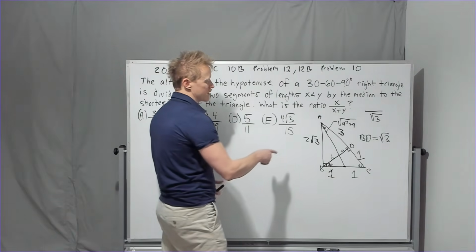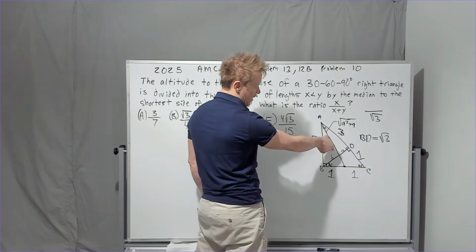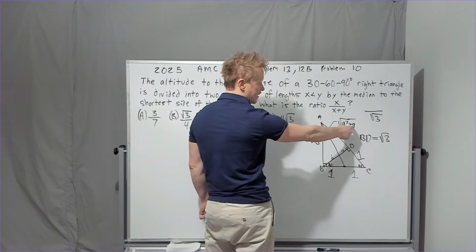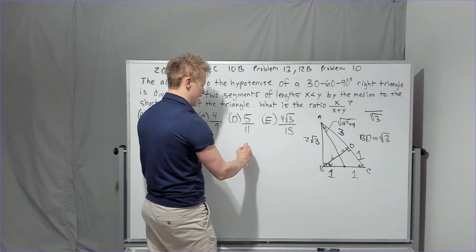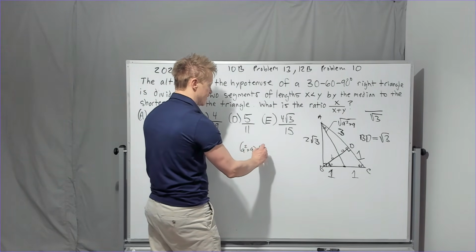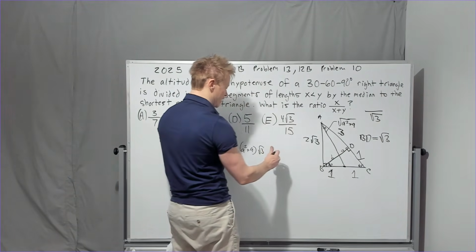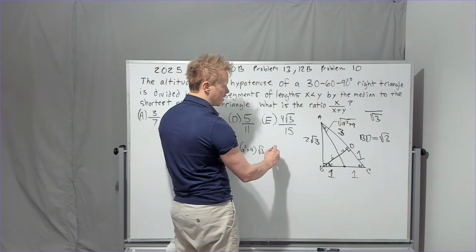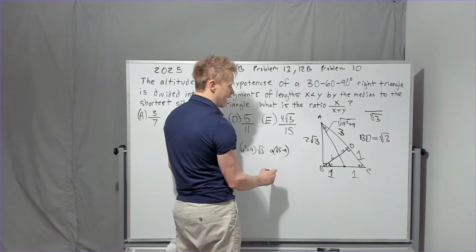And so Stewart's theorem, you could say, well, this squared, which would be that, times the whole thing, root 3. So you could do a squared plus 9 times root 3. And then you'll have the two pieces, which you could call a and root 3 minus a.